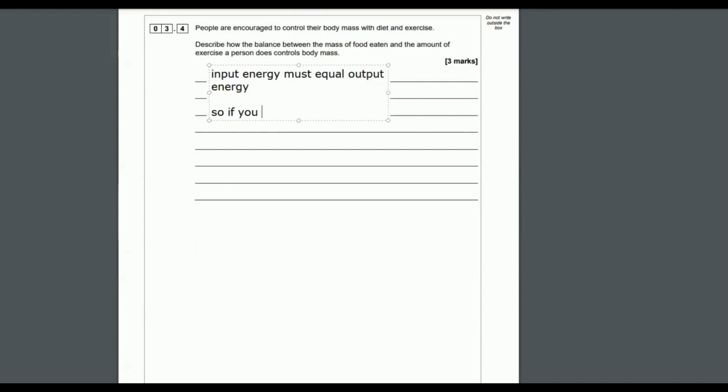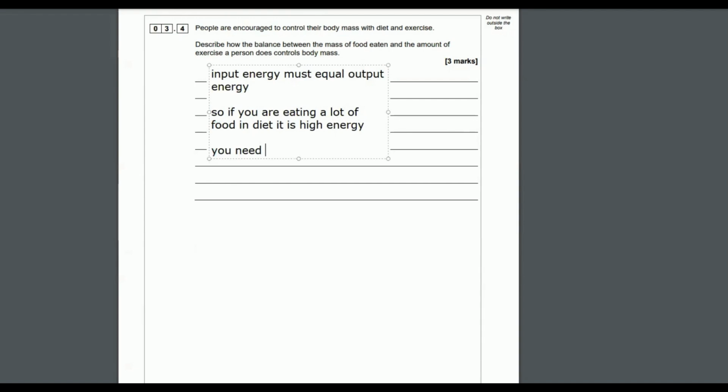So we want to say input energy must equal output energy. So if you are eating a lot of food in your diet, it is high energy.